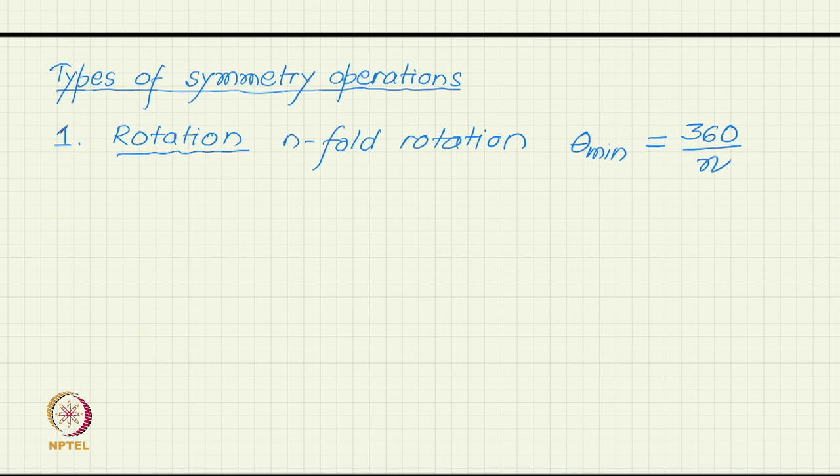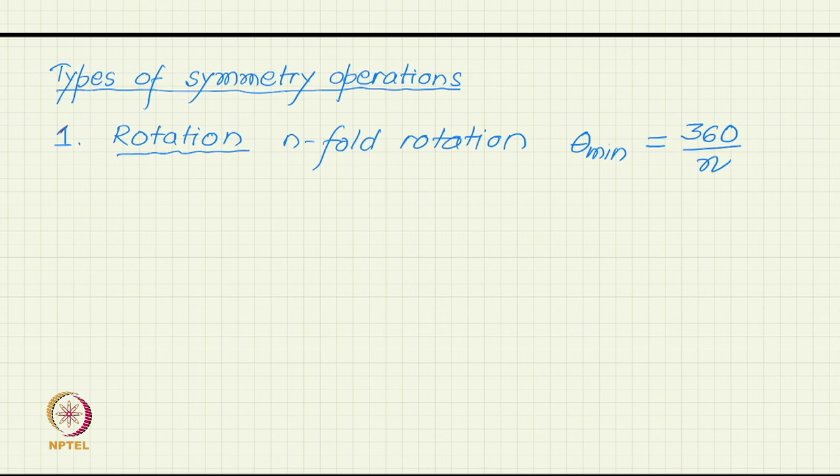So, when we say fourfold rotation, theta min is 360 by 4, that is 90 degree. So, the minimum rotation by which it will come into self coincidence is 90 degree. If that is the case, we call it a fourfold axis.